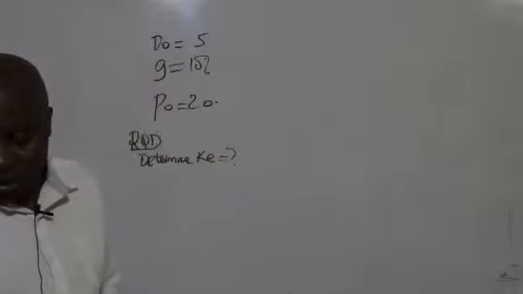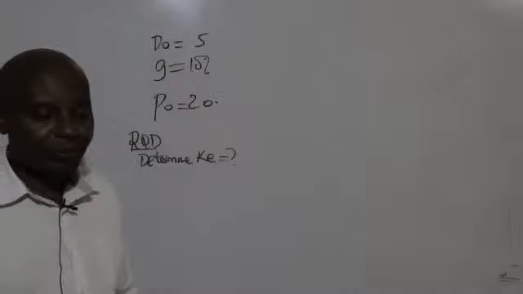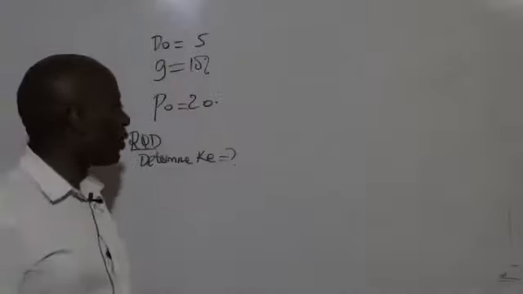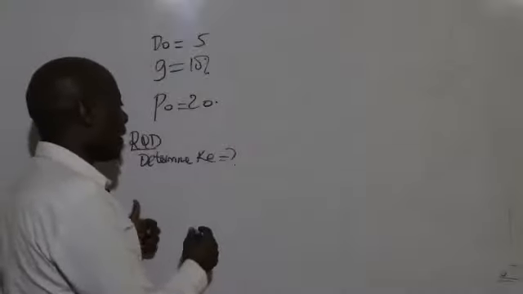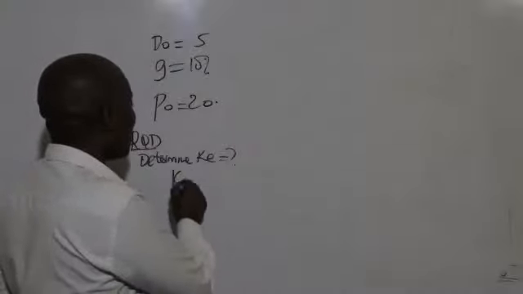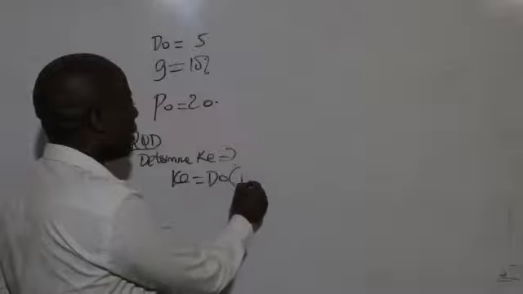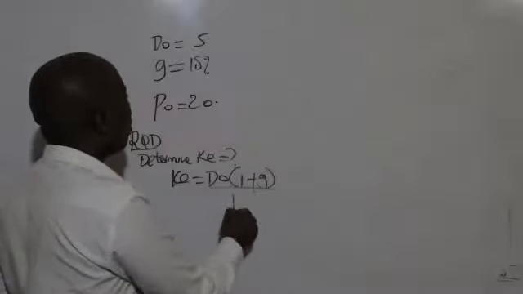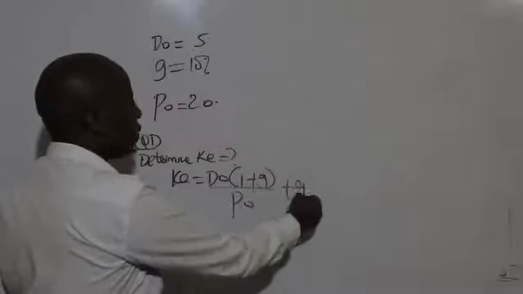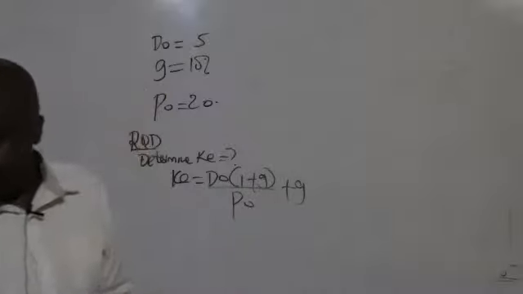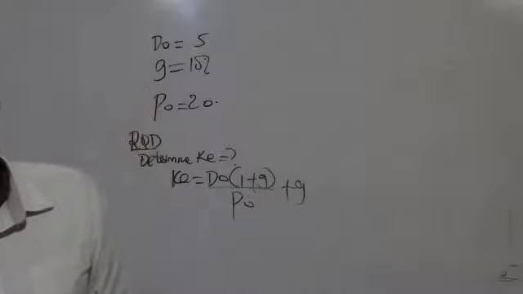How do we get cost of equity? It will be quite an easy thing to get. To get cost of equity, I'll take D0 into 1 plus g, all over P0, plus g.